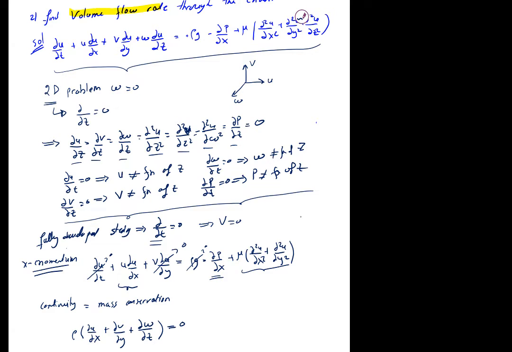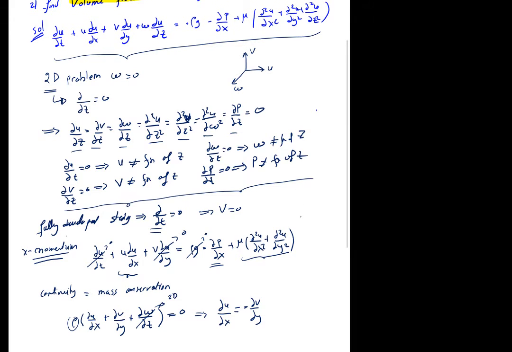Now I know my dw by dz is 0 since it's a 2D problem, and if I take the density to the other side, I'm left with du by dx equals minus dv by dy.